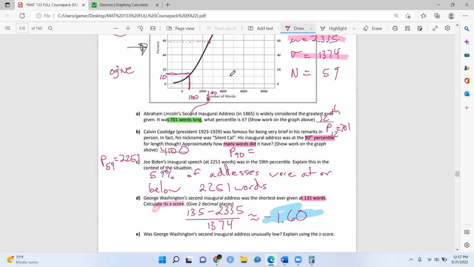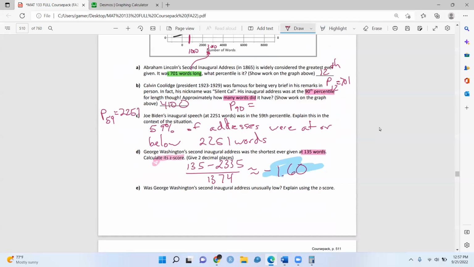We can be a little more specific. We can say, no, it's not less than negative 2 standard deviations away from the mean. But saying that it's not more than 2 standard deviations away from the mean is perfectly fine. Another way you could say it is negative 1.6 is not less than negative 2. Most common mistake I see students make is when they see a negative Z-score, they say, yes, it's unusual because it's negative.